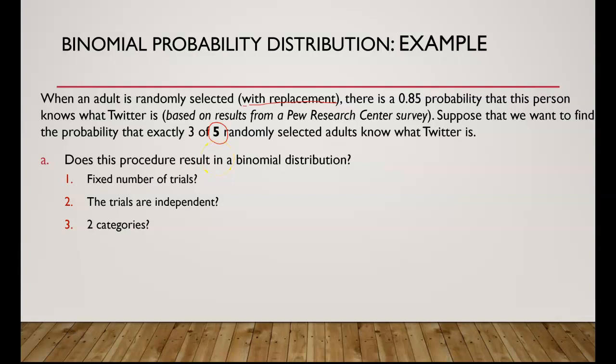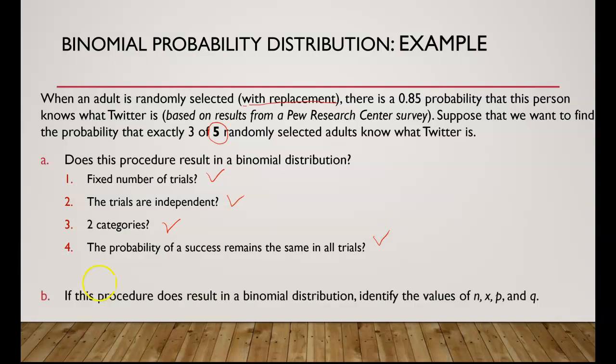The adult either knows what Twitter is or does not know. So this requirement is also met. The probability of success remains the same in all trials. The next adult that we ask might also know what Twitter is, so the probability of success remains the same in all trials. Therefore, all four requirements are met.